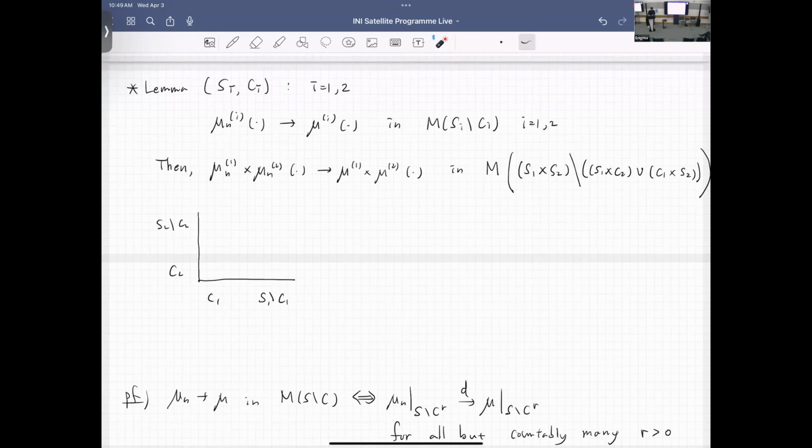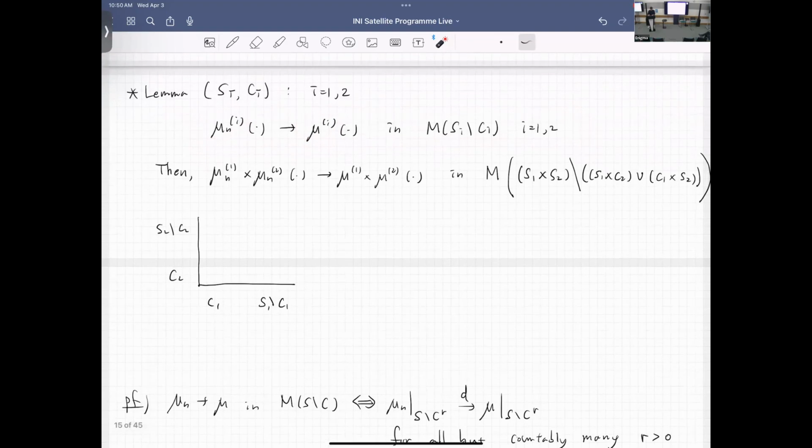So suppose that you have two M convergences: mu_n1 converges to mu_1 in M(S1\C1), and mu_n2 converges to mu_2 in M(S2\C2). Then the product also converges to the product of the limits. But what's the space? It's in this form.